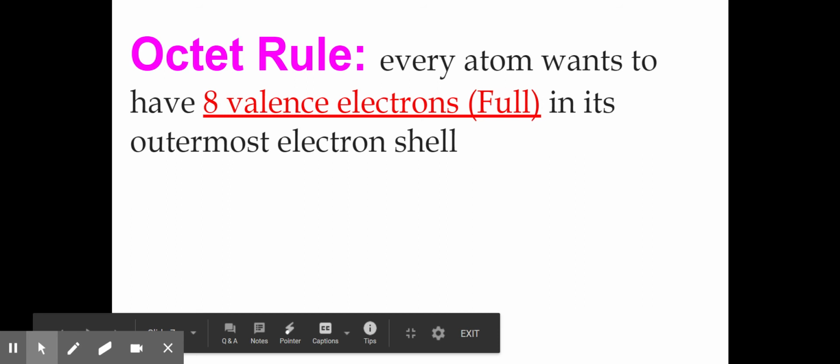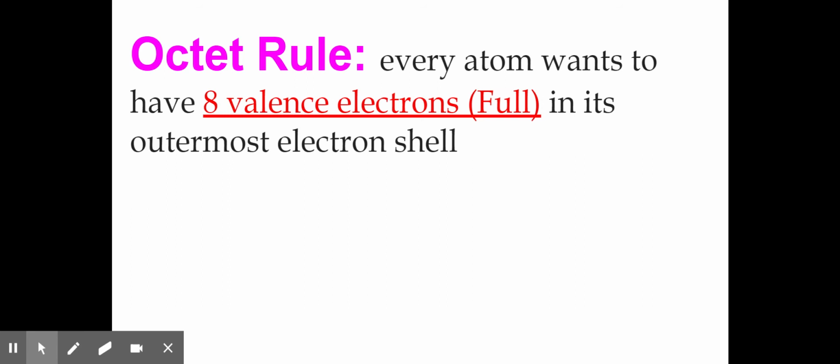What does it mean? Every atom wants to have 8 valence electrons in its outer energy level, which means it really wants to fill up the whole shell. Okay, the first energy level can hold 2.